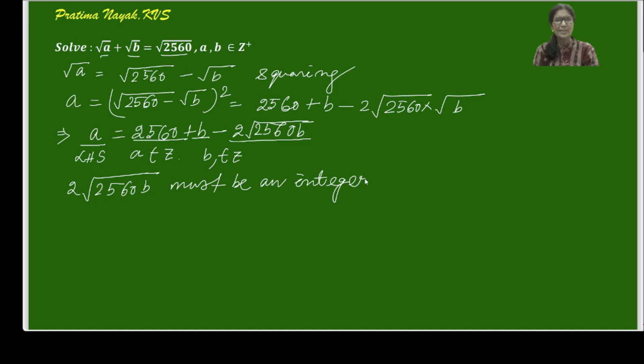So applying number theory, to be an integer there should be no square root, then only it will remain an integer. So to make this an integer, I am finding the conditions.